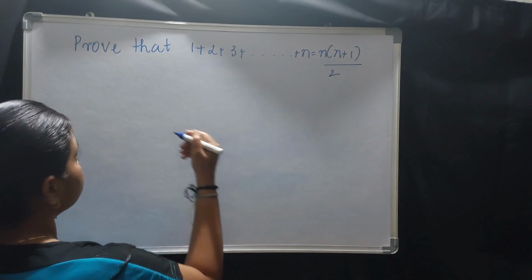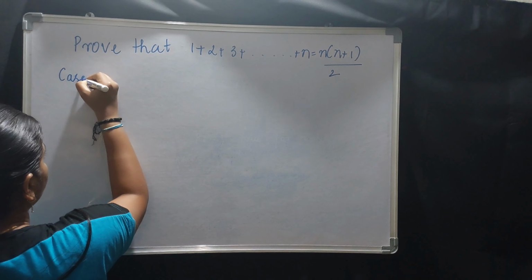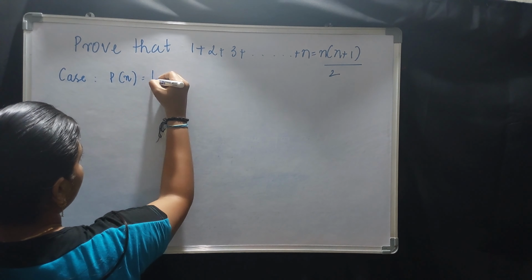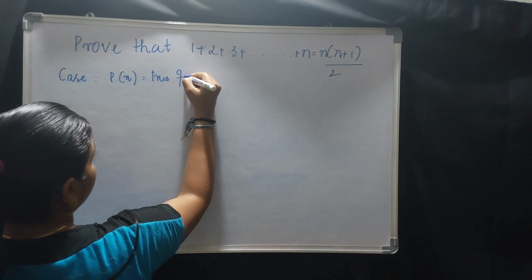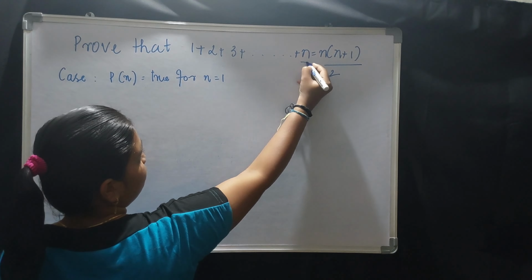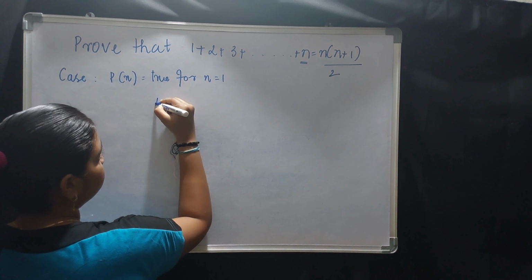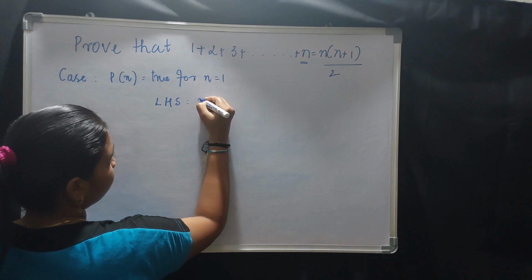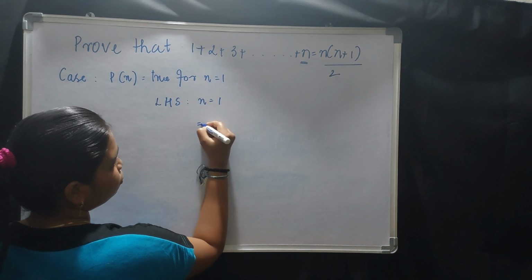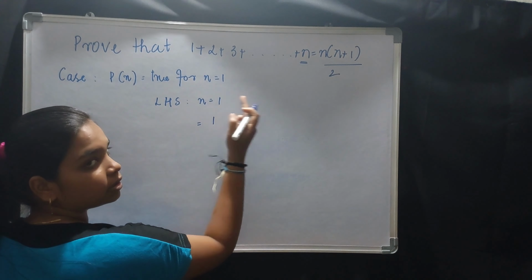For this sum, the first case is to prove P(n) is true for n equal to 1. That means if you substitute 1 in the place of n, you should get LHS equal to RHS.